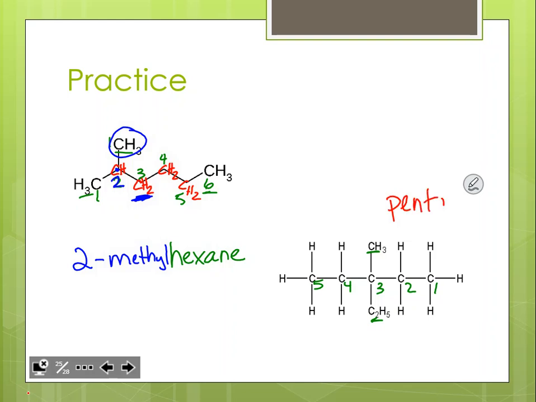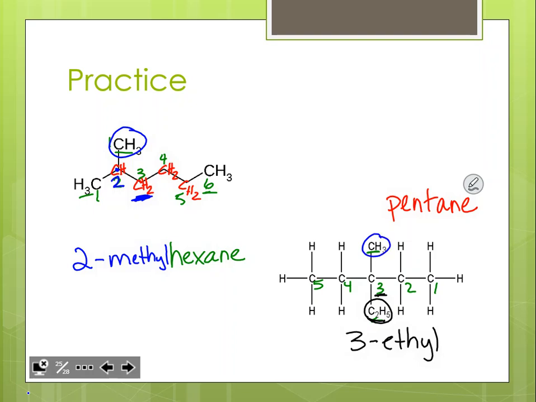Yes, 5-sided like the pentagon, pentane. Very good. So that's our root name. Now we have 2 branches to deal with. This one down here, the C2H5, what do we call that? That's an ethyl, and it's off number 3, so I'm going to write that as 3-ethyl.